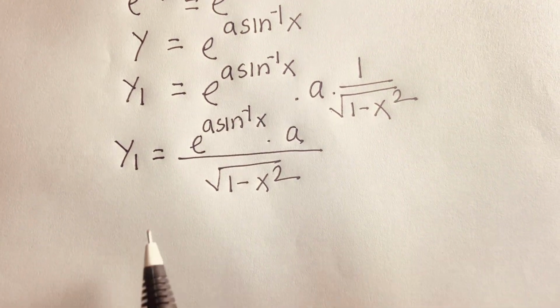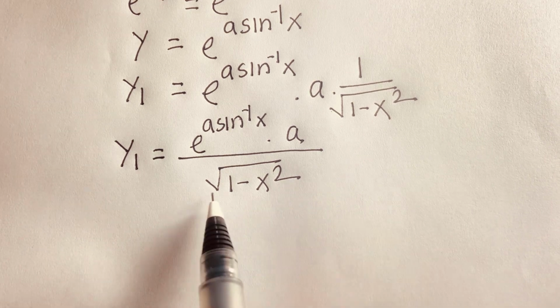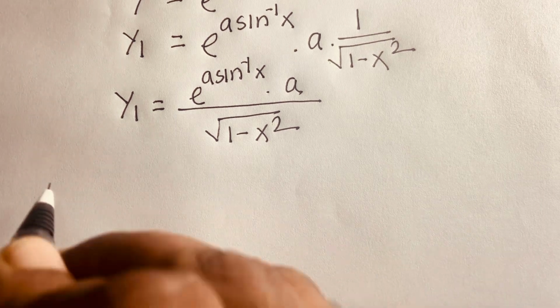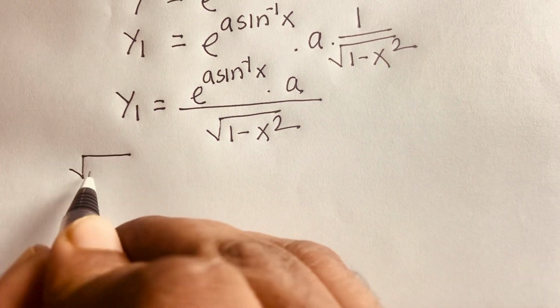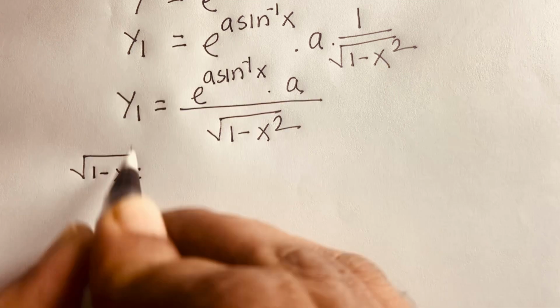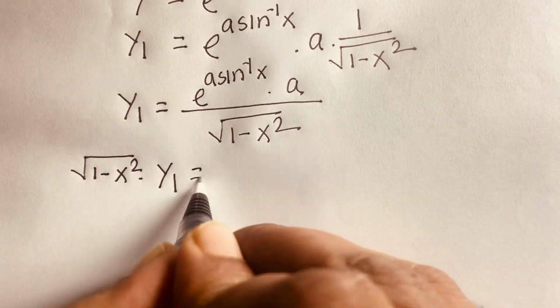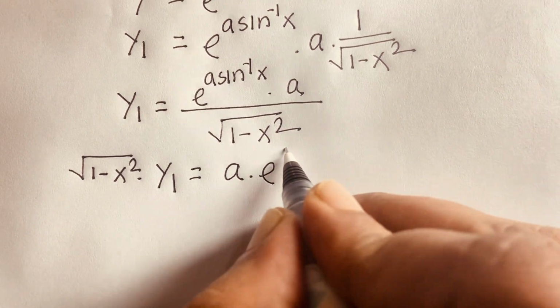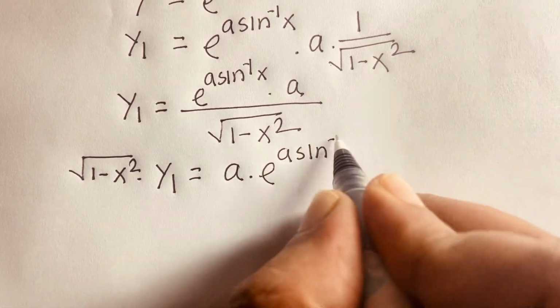Then if I multiply both sides by square root of 1 minus x squared, I can say square root of 1 minus x squared times y1 is equal to a times e to the power a sin inverse x.